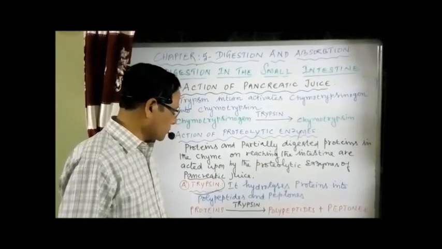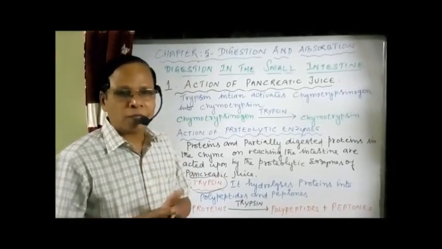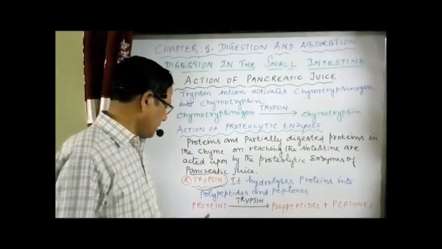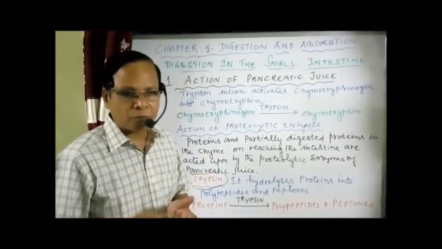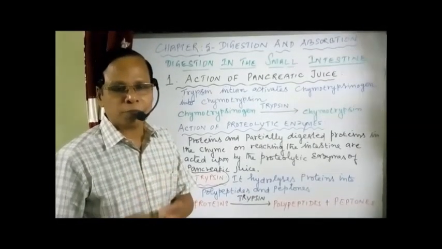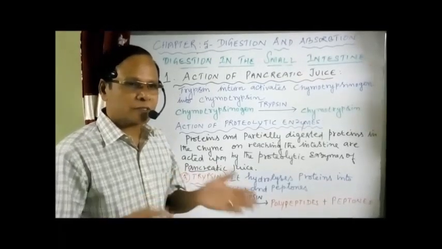So trypsin converts proteins into polypeptides and peptones, breaking the peptide bond at any place. Whereas chymotrypsin again breaks the proteins into polypeptides and peptones, but it breaks the peptide bonds associated with specific amino acids like tyrosine, tryptophan and phenylalanine. That's the difference, but the function is the same.